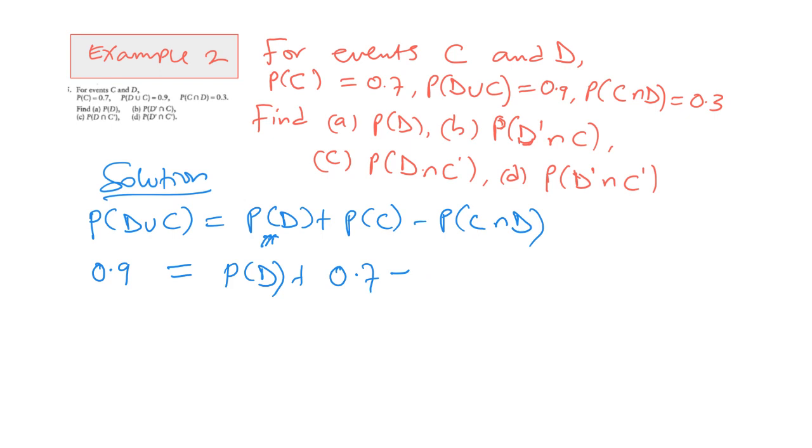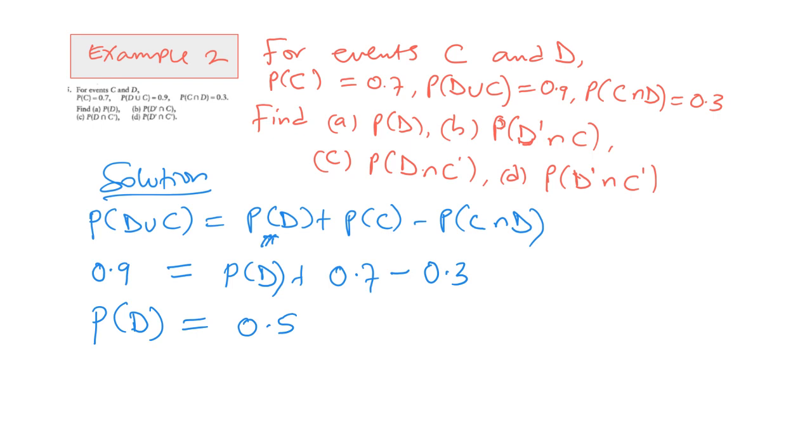You collect like terms and isolate probability of D on one side, and you'll get probability of D equals 0.5.